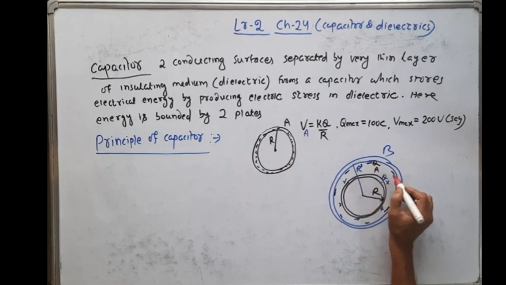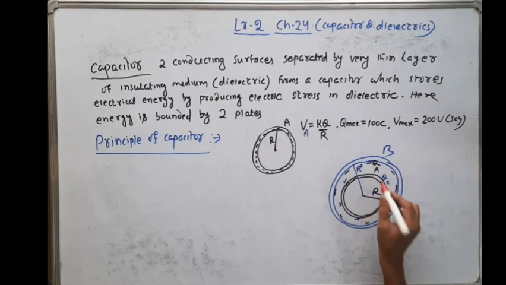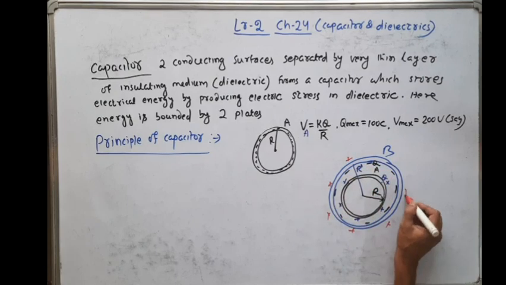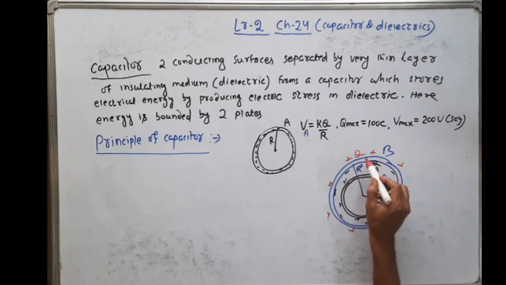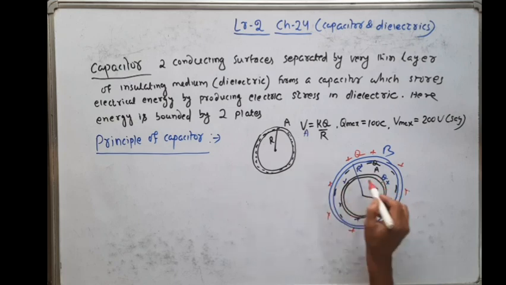But minus Q charge is induced on the inner surface of sphere B, so definitely the outer surface of sphere B will have a charge of plus Q, so that plus Q and minus Q sum to 0. So B is electrically neutral, because we are giving charge only to sphere A.